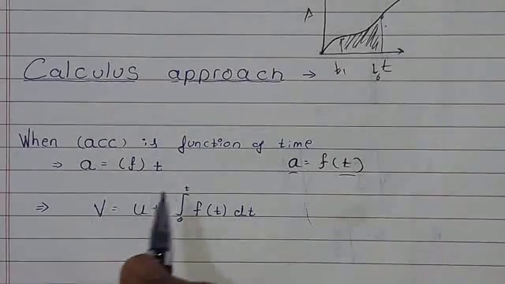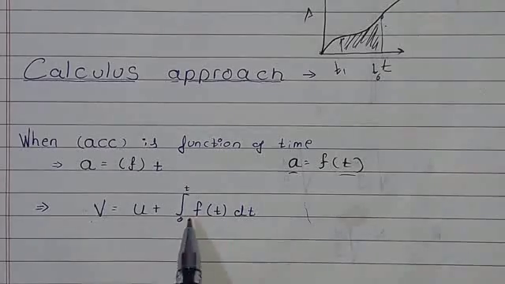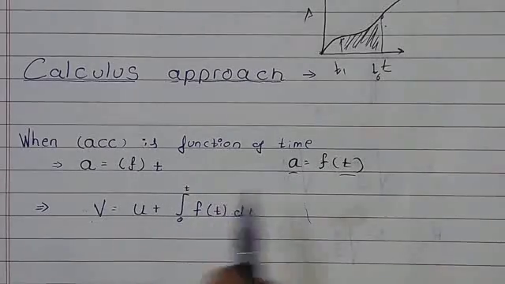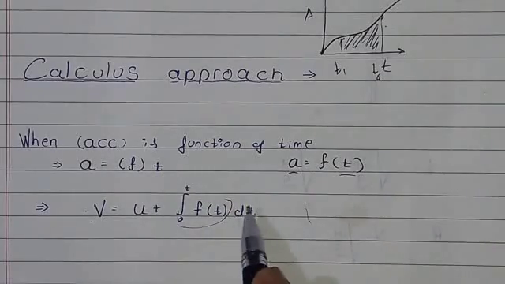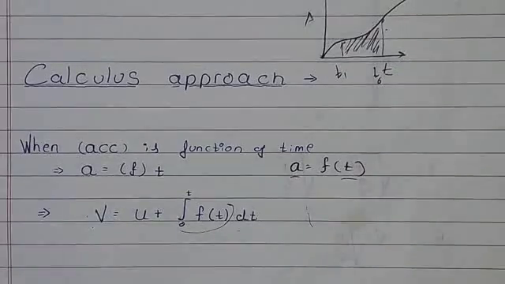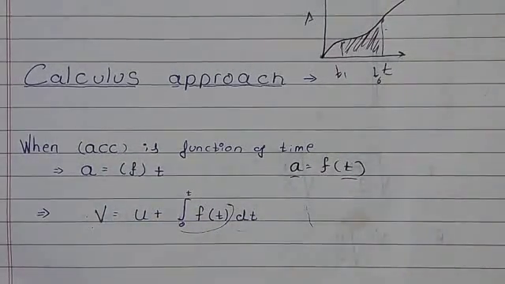By integration you can see that v equals u plus the integral from 0 to t of f(t) dt. This is the calculus approach when acceleration is a function of time, that is when a equals f(t).